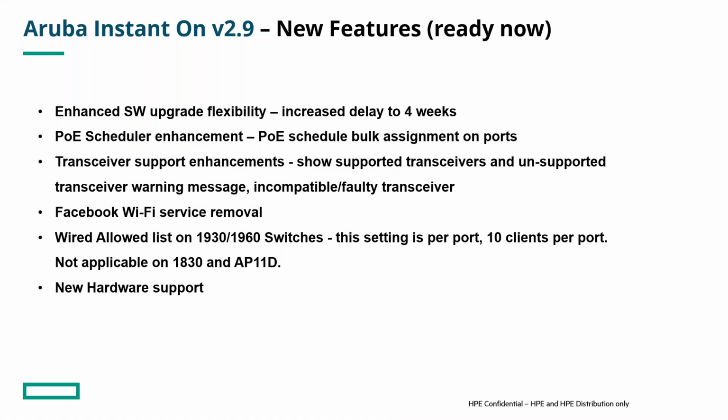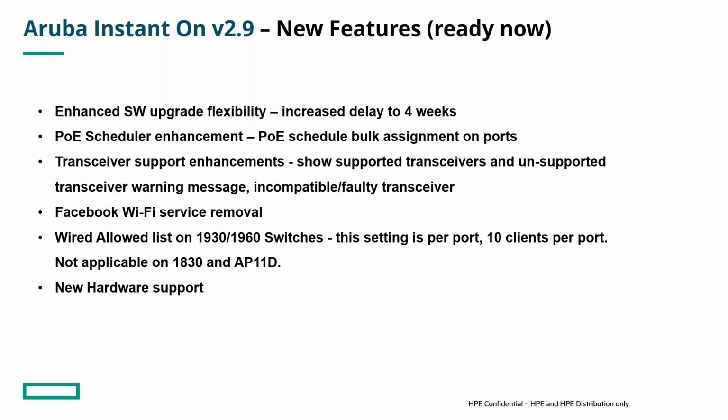With enhanced software upgrade flexibility, we've increased the amount of delay time that customers can have up to 4 weeks. Normally there's a date on which it's released. You can go in and select, I think more specifically 30 days, as the furthest date out before the firmware upgrade automatically takes place.